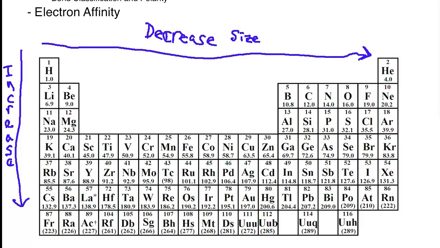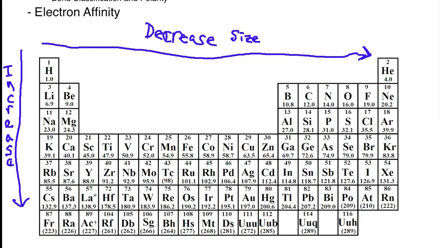Beryllium has a better hold, and it can pull its electron set in a little bit tighter. Boron can pull it in even a little bit tighter. Carbon can pull it in even a little bit tighter, and so on and so forth. So as the effective nuclear charge increases, it's pulling the electrons closer and closer to the nucleus, and that means we're getting smaller and smaller as we're going across.